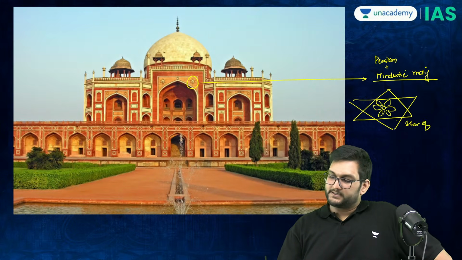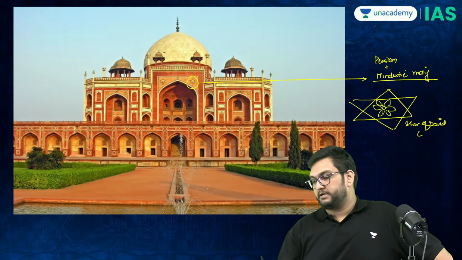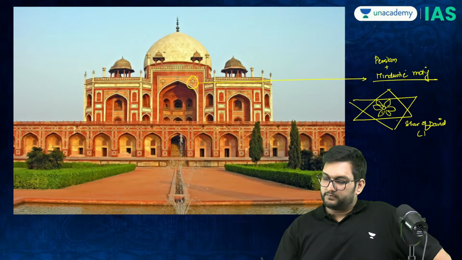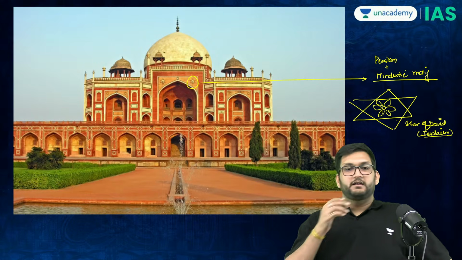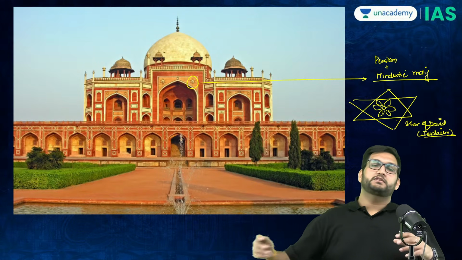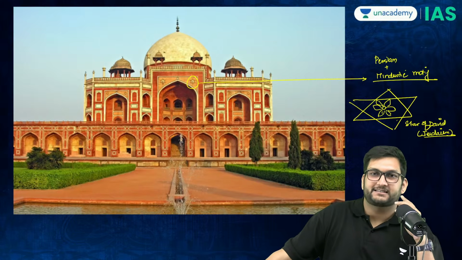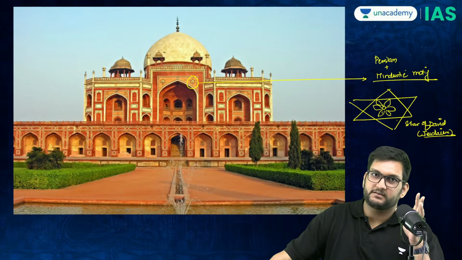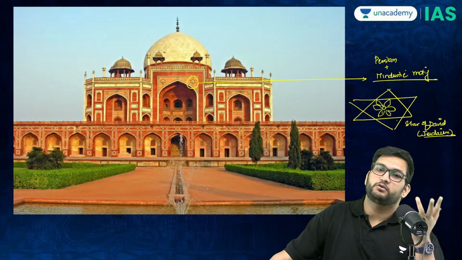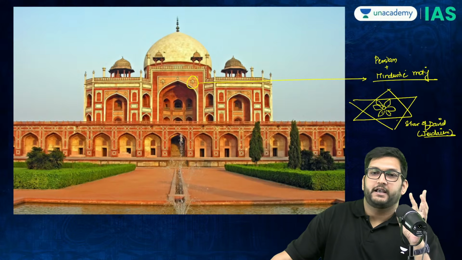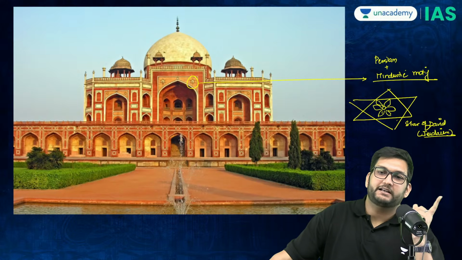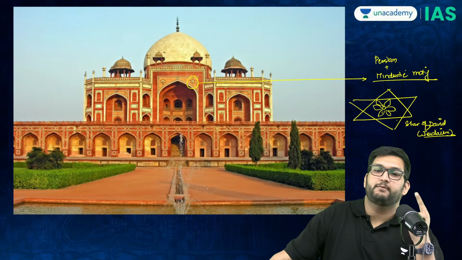The Star of David is considered a very important element of Judaism, but the star is not specific to Judaism. This element was also there within Hinduistic practices. Because the architect of Humayun's tomb came from the Safavid Empire, from Persia itself, it is believed that this was a very conscious decision to add this element here.